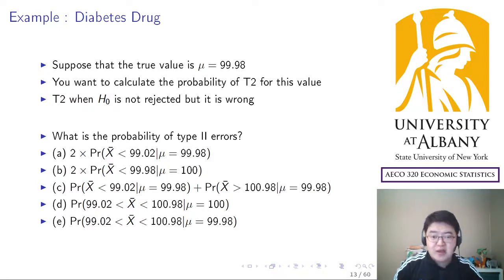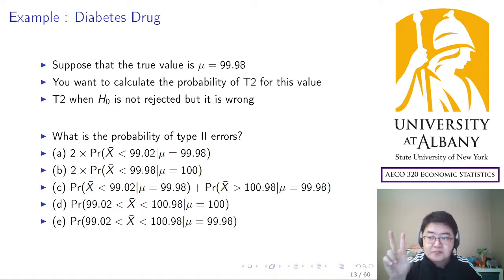As you can expect, it will be very difficult to find the difference anyhow. So how would you write the probability of type 2 errors in this case? What is the probability of type 2 error in this case?